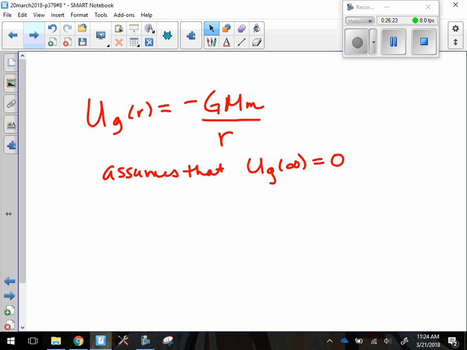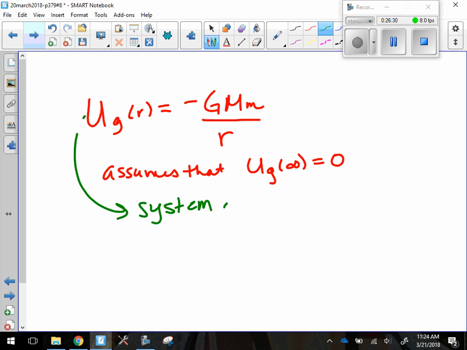And you also need to remind yourself that this is associated with a system of big M and little m. And that gravitational potential energy, which is actually what we said way back in the beginning with chapter 8, potential energy is a property of a system.